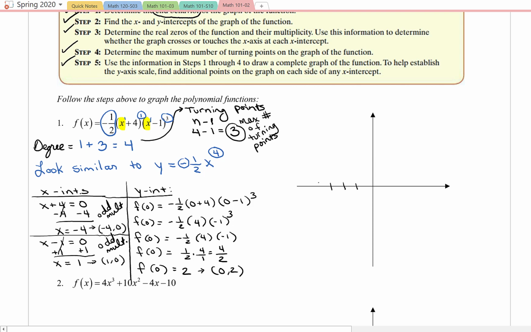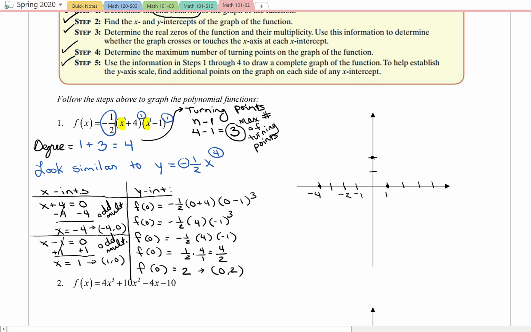And let me go ahead and start drawing the graph and start labeling some of these important points. I'm going to go ahead and choose some values that are in between my x-intercepts.